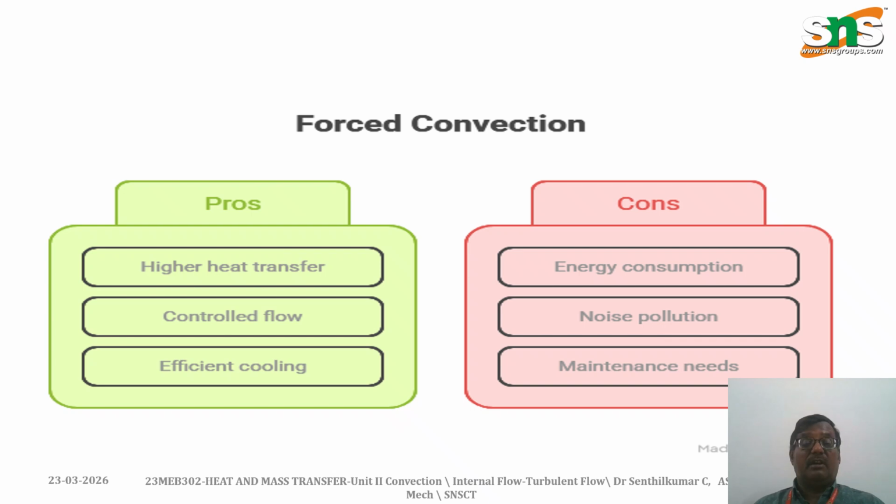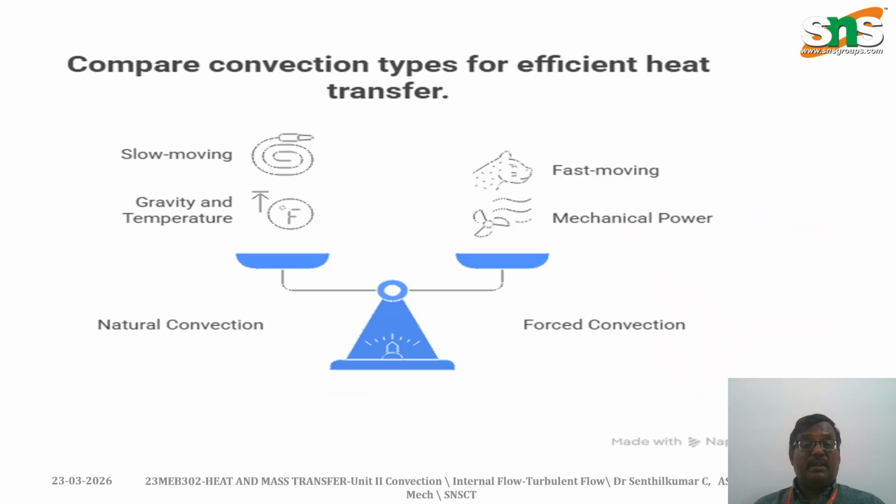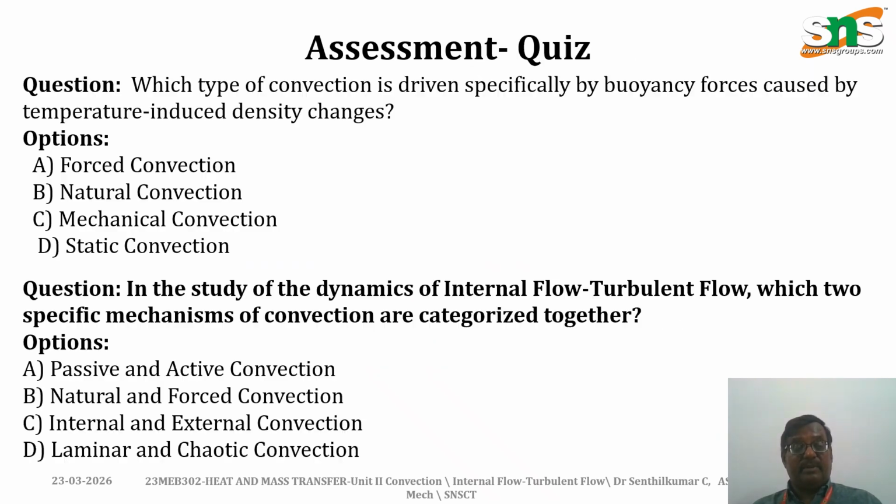These are the pros and cons of forced convection. Here we are going to compare convection types for different heat transfer. Slow moving, fast moving, gravity and temperature are the key parameters. Mechanical power, that is forced fans and blowers, are the fast moving parameters. Natural convection and forced convection are compared here for understanding.